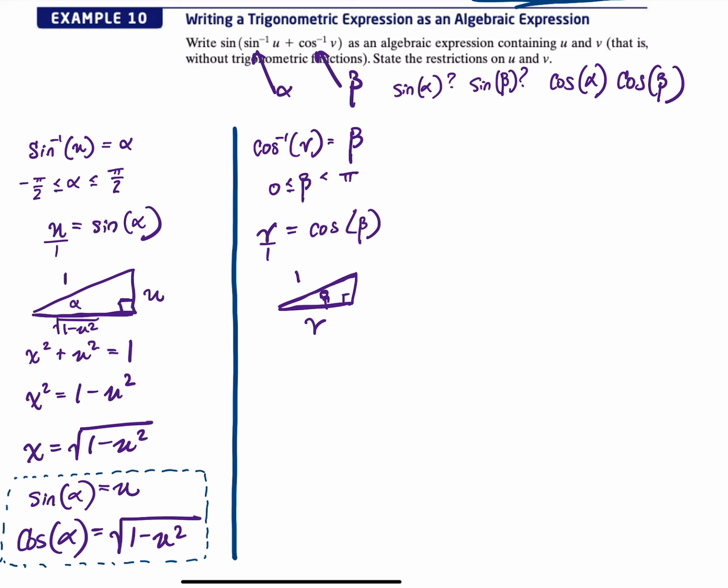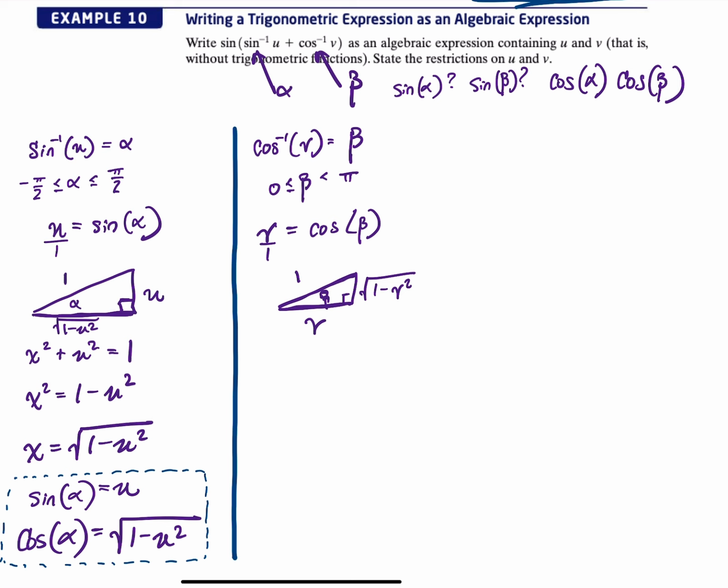This will be a 1. And citing the work from our last triangle, if we did the Pythagorean theorem, we should get the square root of 1 minus v squared here. Because like we had u and 1, and that other side length was the square root of 1 minus u squared. So you'd get a similar result.